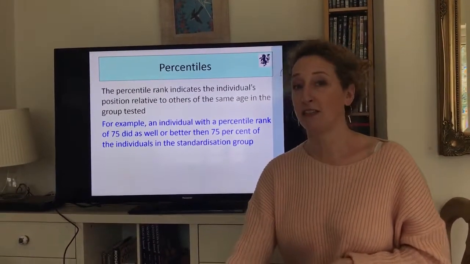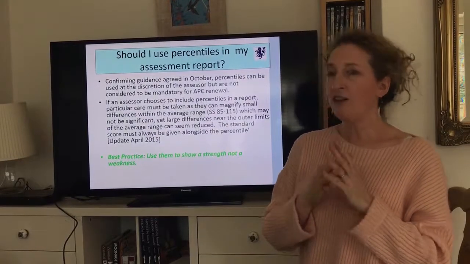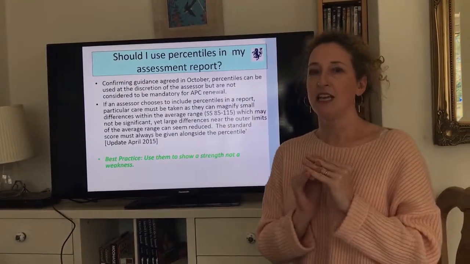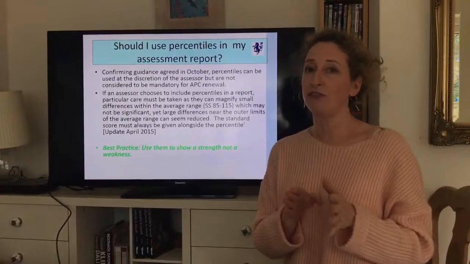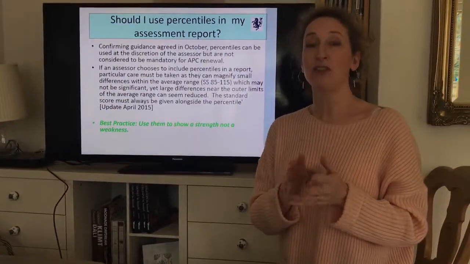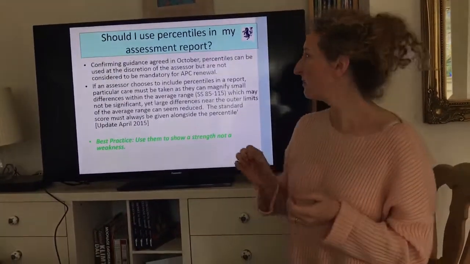Now sometimes our percentiles can be very low. So best practice is that if you use percentiles at all, which you don't have to for an APC renewal, but if you choose to use them, just use them when it's showing a strength.